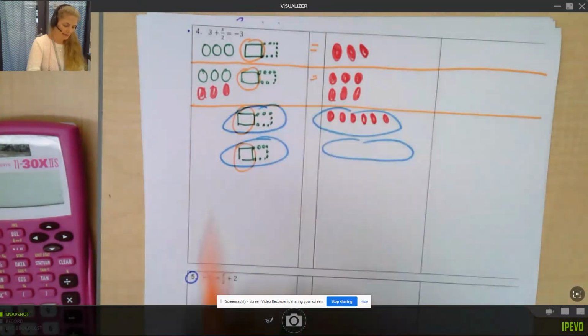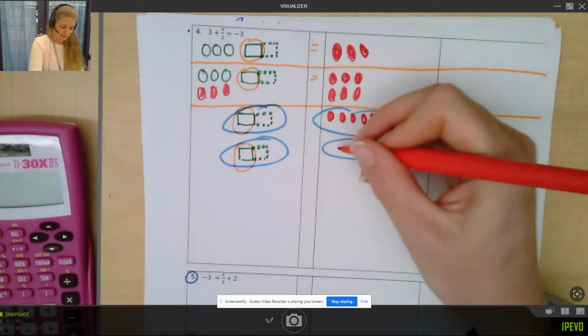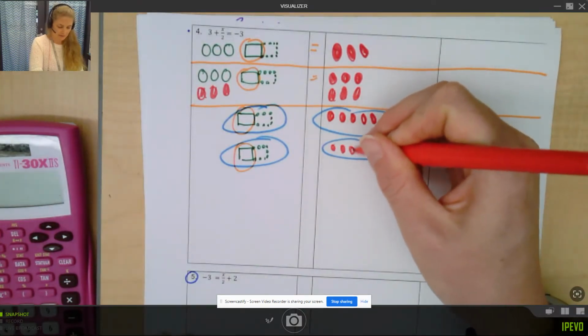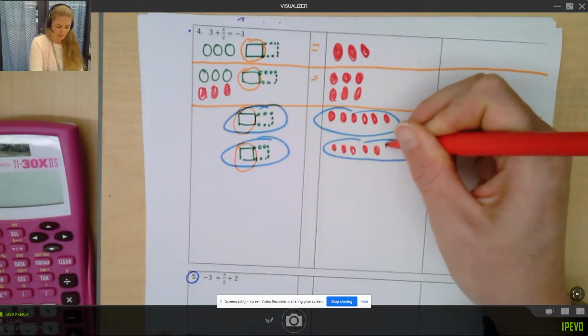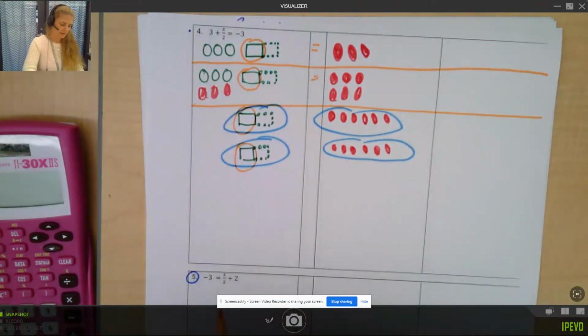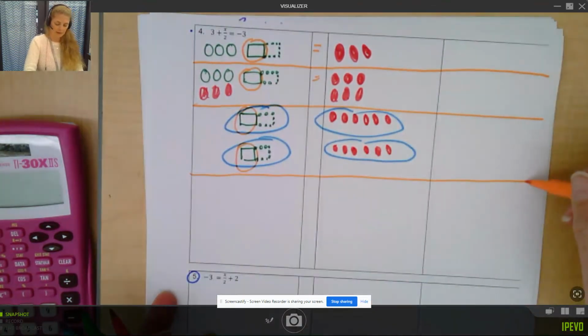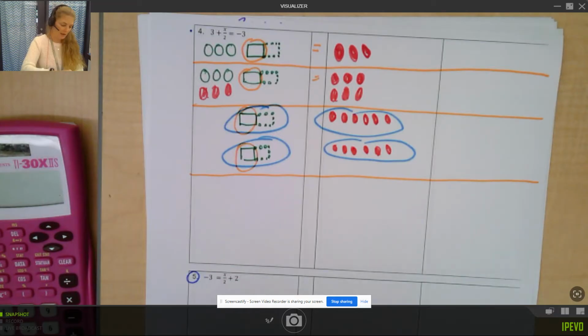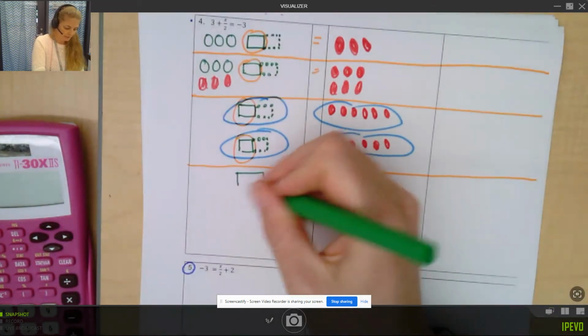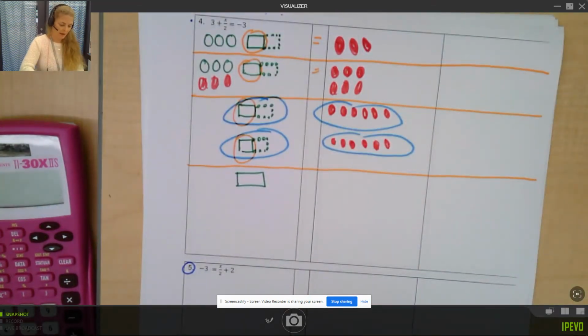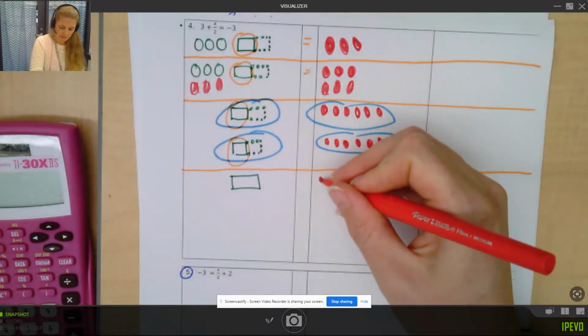So that we have this half of an x and another half of an x. Or if we double half of an x, what do we end up with? We end up with a whole x is equaling to how many negatives?